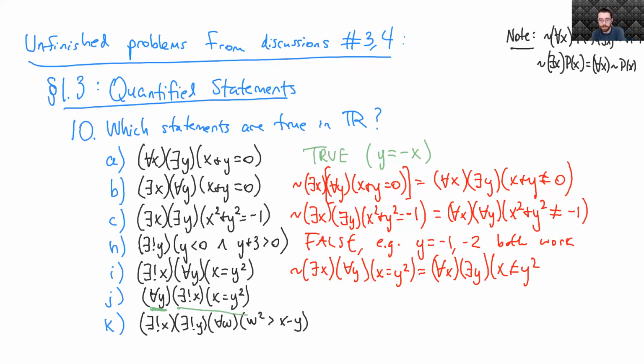A uniqueness claim saying y squared equals x. But that should be true, right? This equation here, if I pick a value for y, it's going to spit out a value for x, and that value of x isn't going to change. So that should be true.